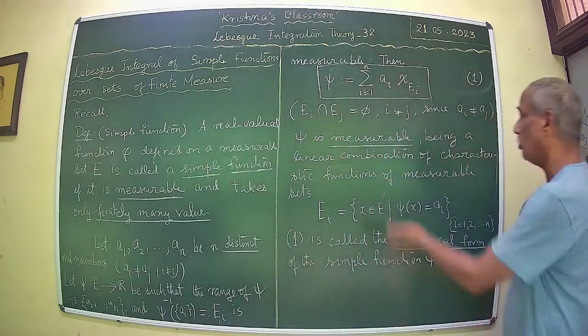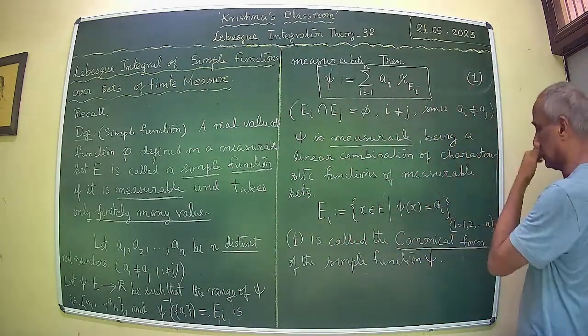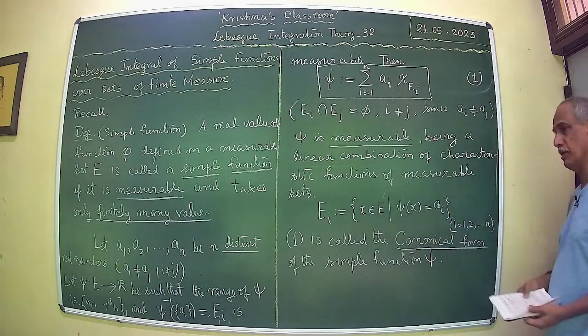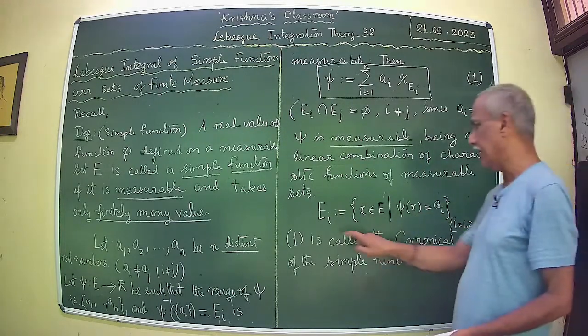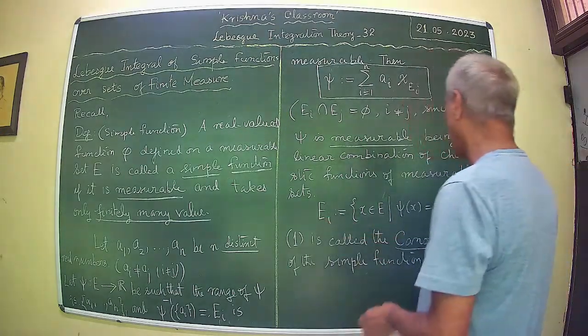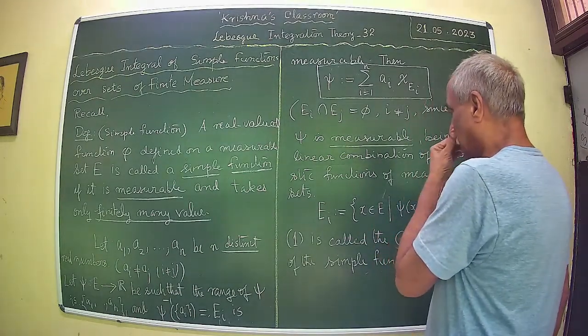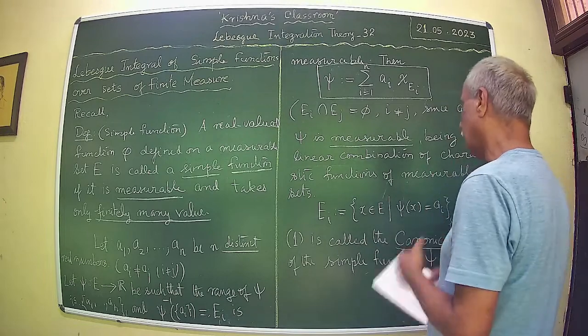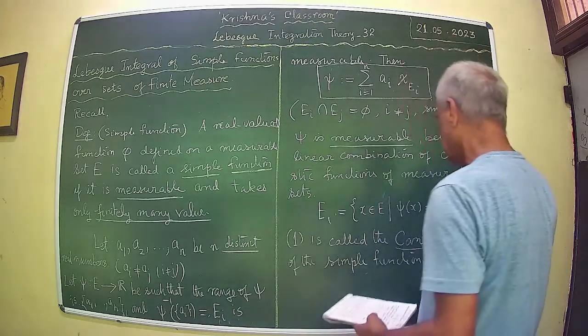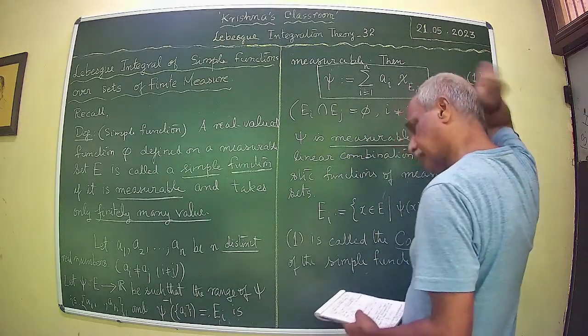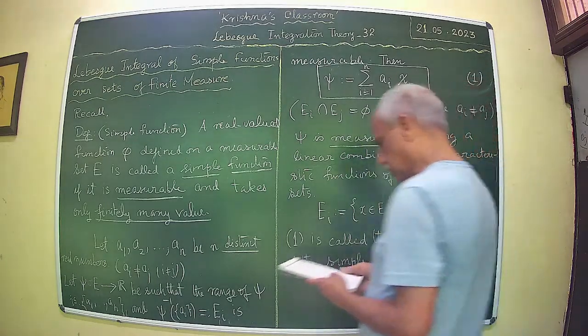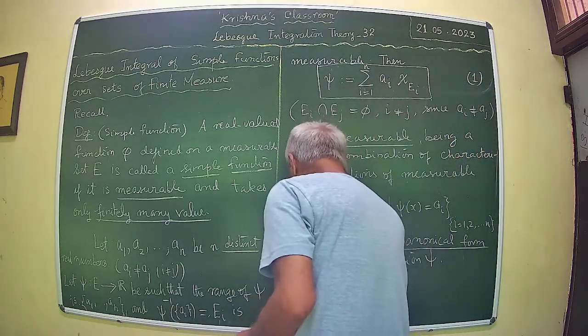And then you can go about representing this in this particular form. The Ei's are defined by this, and the Ei's are assumed to be measurable. So we are talking about psi measurable. And this is the canonical form that we have. Now we are in a position to define the Lebesgue integral.